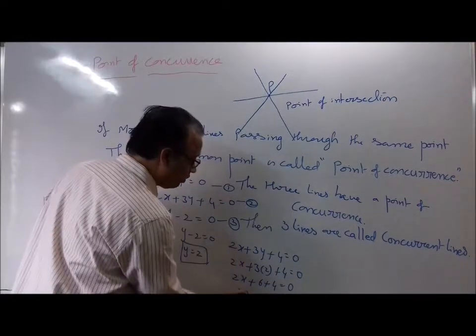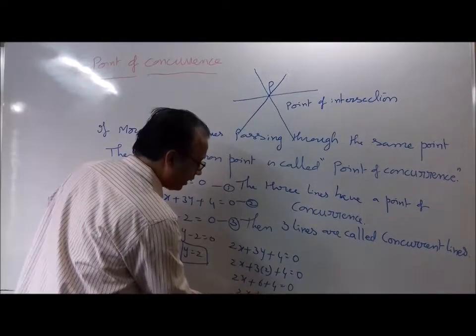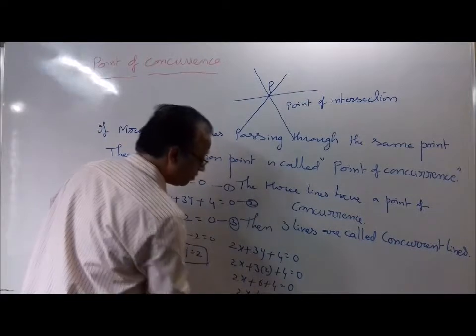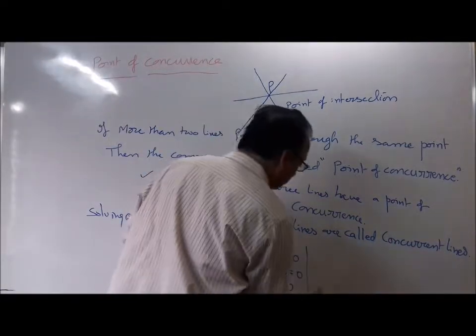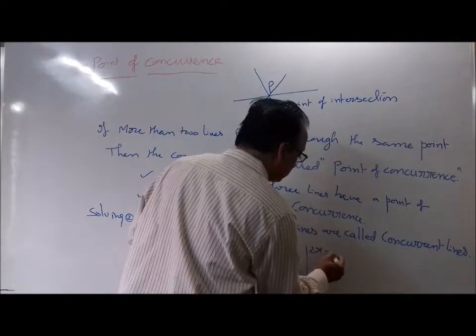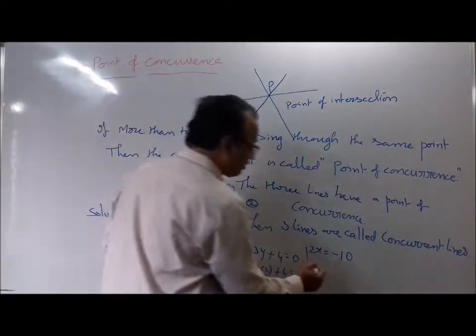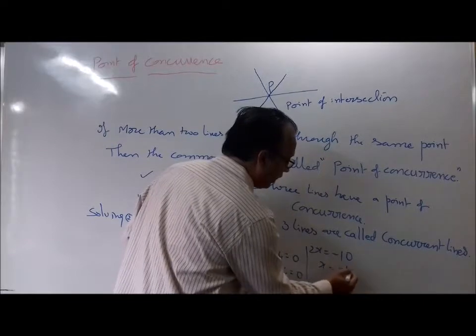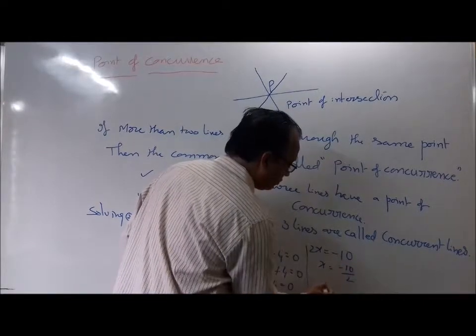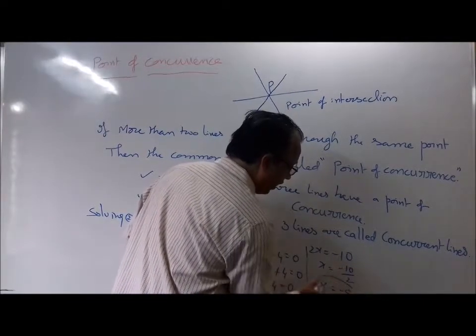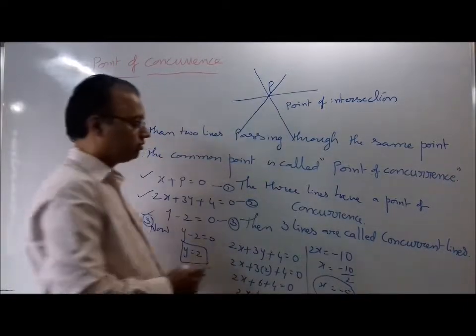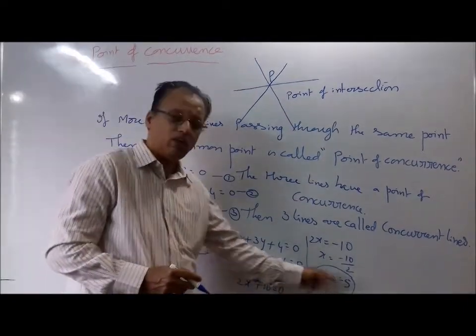That is 2x plus 10 equal to 0, so 2x is equal to minus 10. So what is the x value? Minus 10 by 2, minus 5. So this x value also I got.